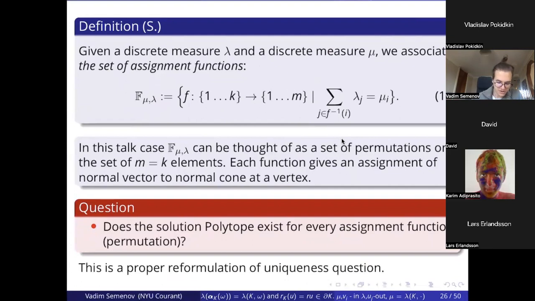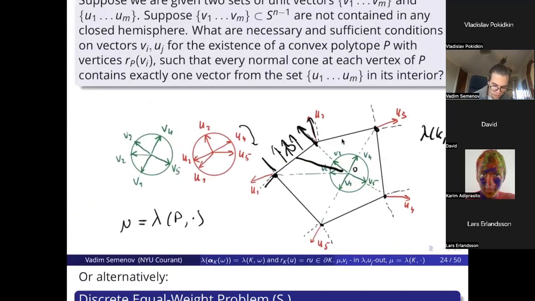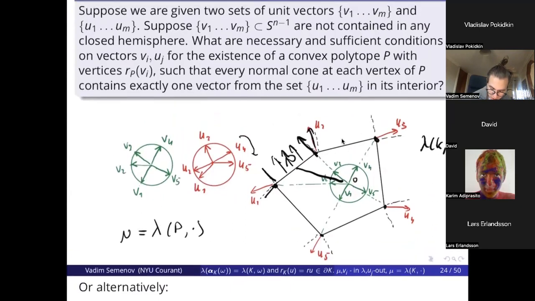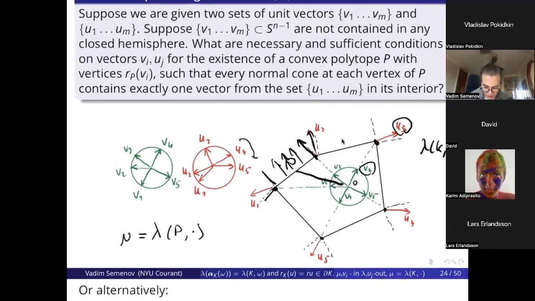What the set is basically is a choice of which vector should fall into which normal cone in the original setting, right? So if we go back to here, then you notice that U3 was in a V4 cone, right? And U4 was in the V5 cone.